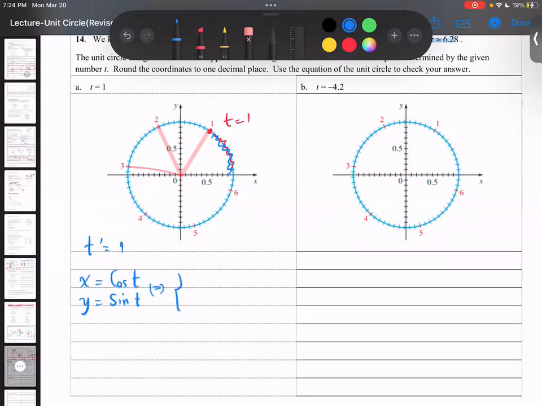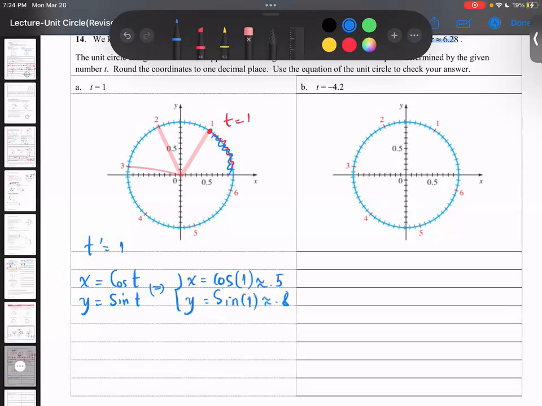So x equals cosine of 1, which is roughly 0.5. Y is sine of 1, roughly 0.8. Okay, so that point right there is (0.5, 0.8).